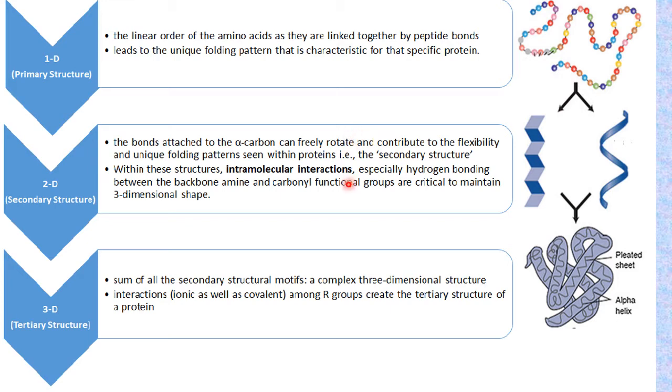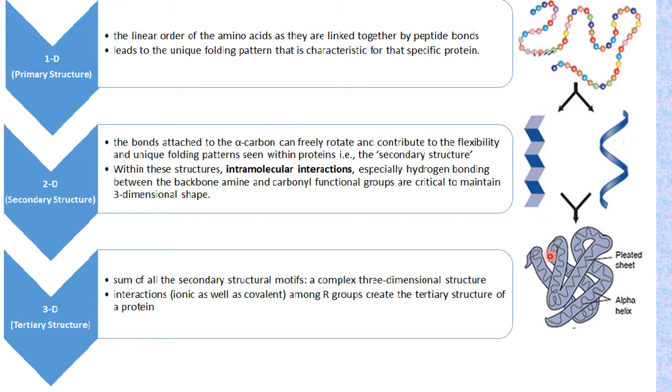The second is the 2D structure, that is, this polypeptide sequence takes a particular conformation, and that conformation results from the formation of hydrogen bonds within this polypeptide sequence.